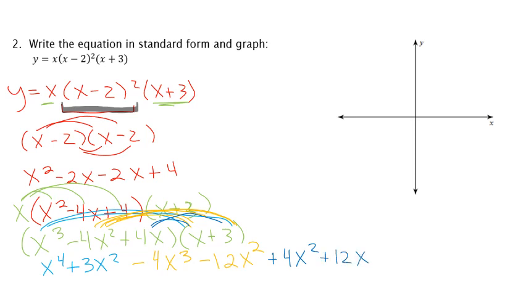Okay, so now when we distribute all of those pieces, we're going to combine our like terms. And so we'll get x to the fourth. I'm going to do y equals here. And then 3x cubed minus 4x cubed will be negative x cubed.